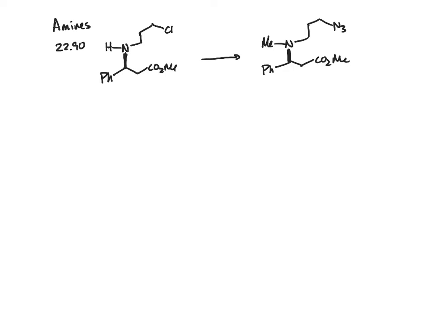You have an amine, and that's a secondary amine. You have a chloride, that's a primary chloride. The secondary amine is becoming a tertiary amine, and the chloride is becoming an azide.